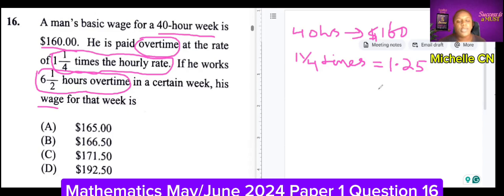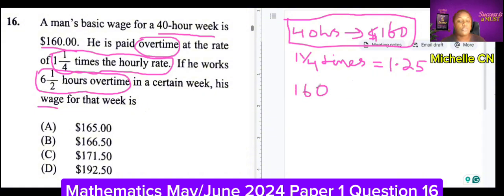But before I do anything with the 1.25, I am supposed to find how much he is paid an hour. In order to get how much this man is paid during a normal hour, I have to take his basic wage, which is the 160.